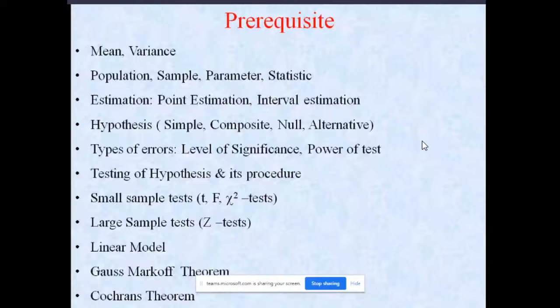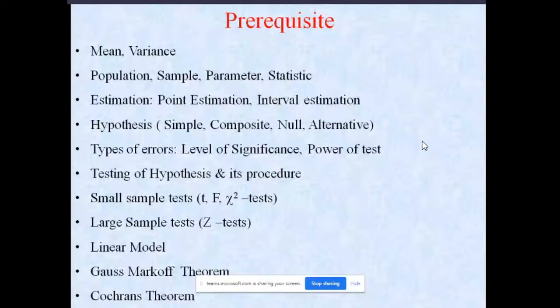Whenever you write a hypothesis and want to test it, we express it in two ways. One is called the null hypothesis. The null hypothesis is generally defined as the possible rejection of a true hypothesis, which is a hypothesis that is assumed to be true.